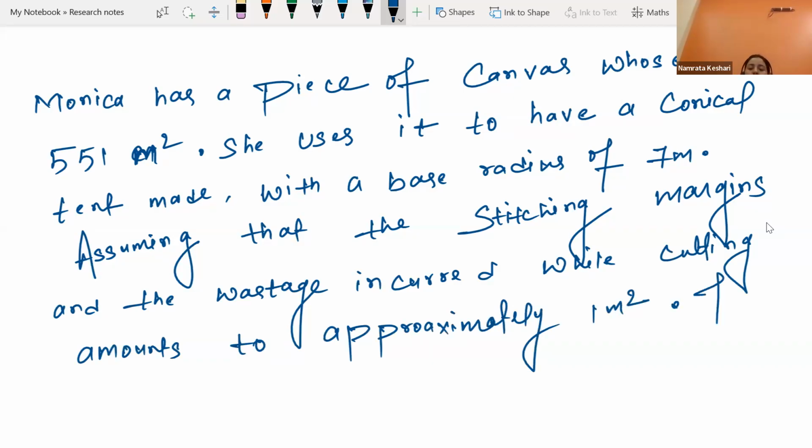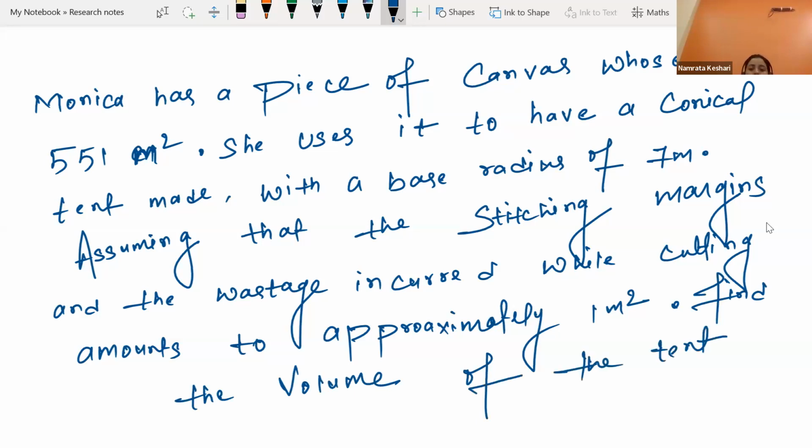Find the volume of the tent that can be made with it. Let's try understanding what the question says.